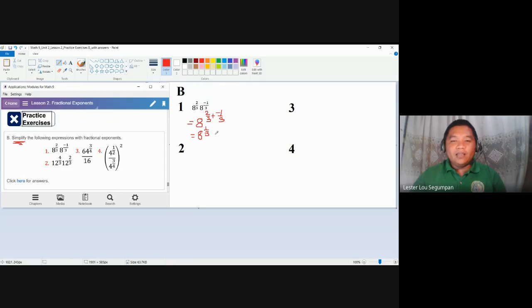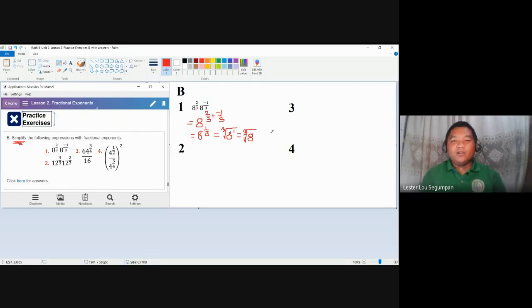To solve for the value, we convert it using the transformation law into a radical expression, wherein the base becomes the radicand, the numerator of the exponent becomes the exponent of the radicand, and the denominator of the exponent becomes the index. In short, this is the cube root of 8.